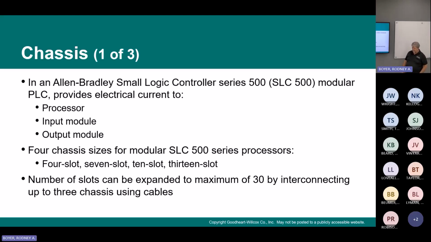Chassis: in an AB small logic controller or SLC 500, the chassis provides electrical current to the processor, input modules, and output modules. Same thing on the MicroLogix. Four chassis sizes for modular SLC 500: 4, 7, 10, and 13. Really don't care about that because we're not using SLC.